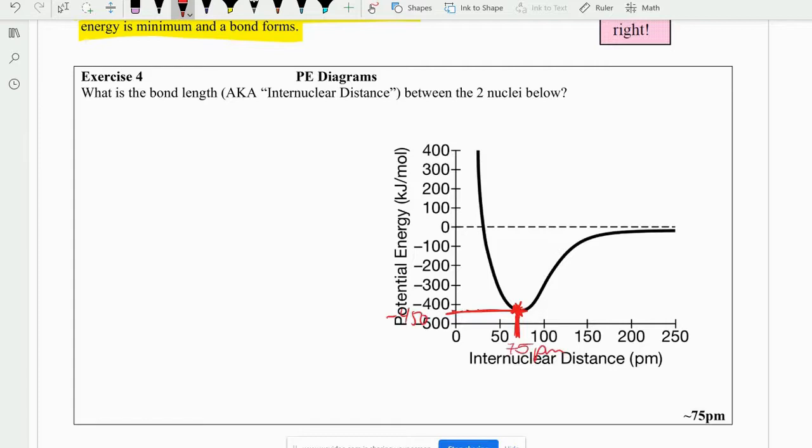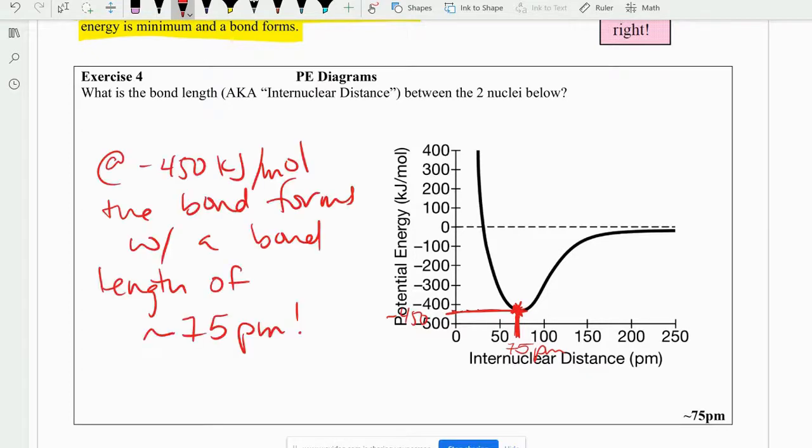So we answered the question: what is the bond length? It's about 75 picometers. So at about negative 450 kilojoules per mole, the bond forms with a bond length of approximately 75 picometers.